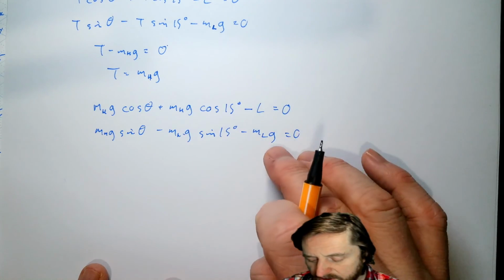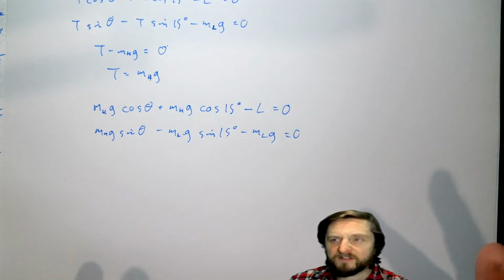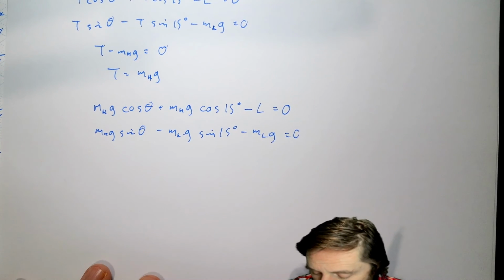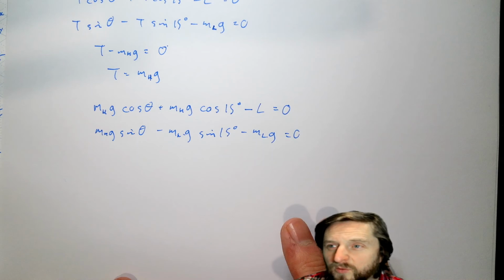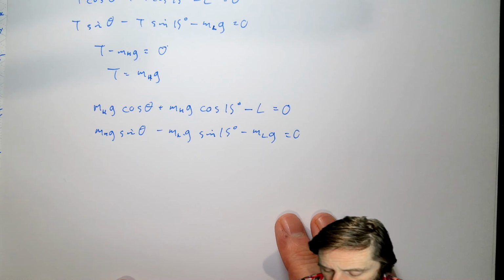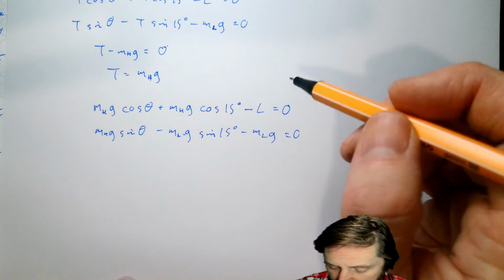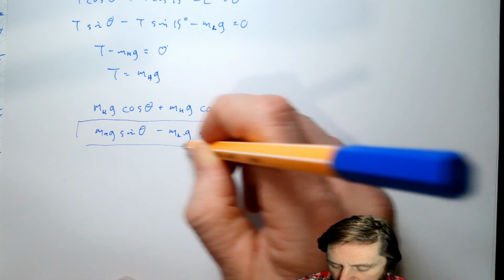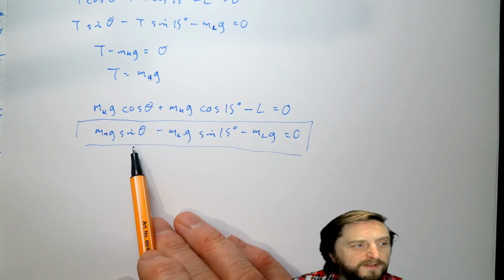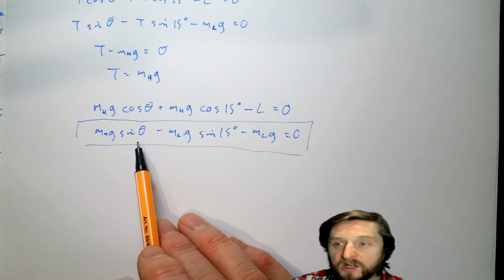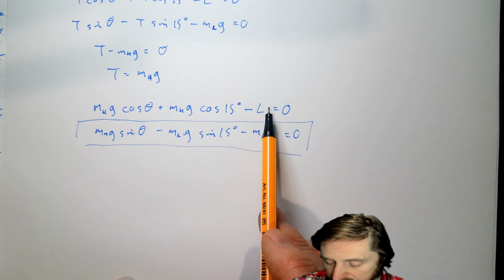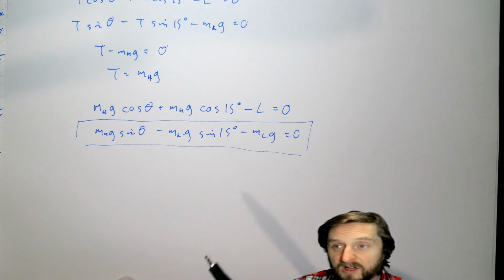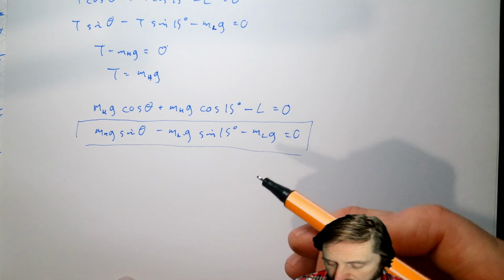So now this has two unknowns, L and theta. It's up to you which one you want to solve for first. But if you look, this equation only contains one of the unknowns. It contains sine theta. It doesn't contain L at all. So this one would be best to work out first.